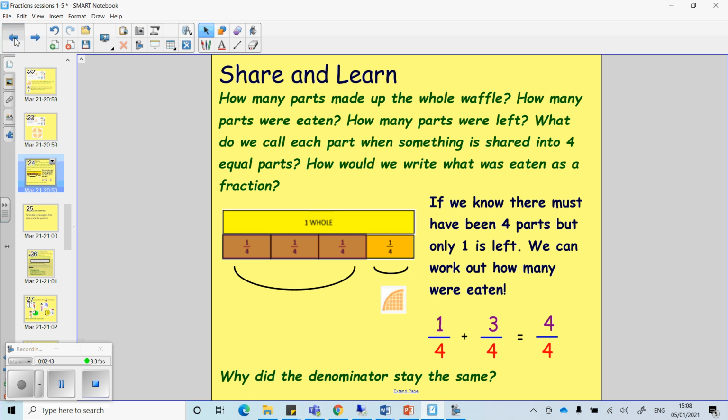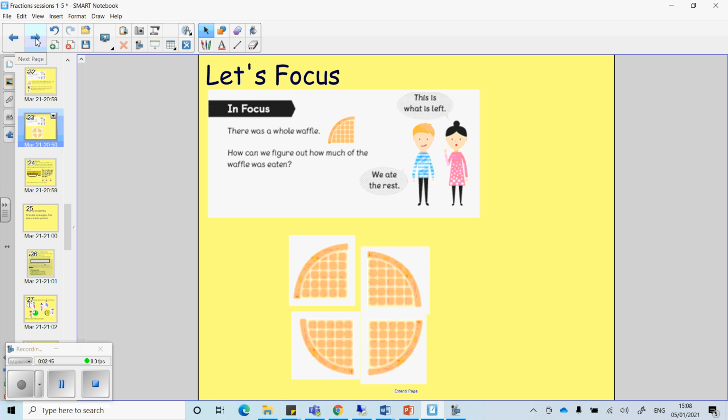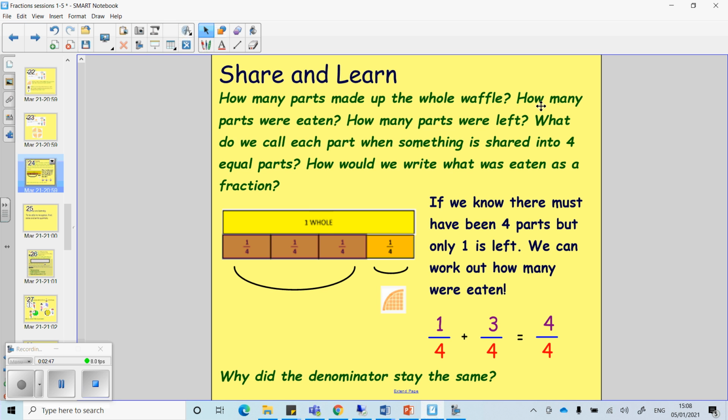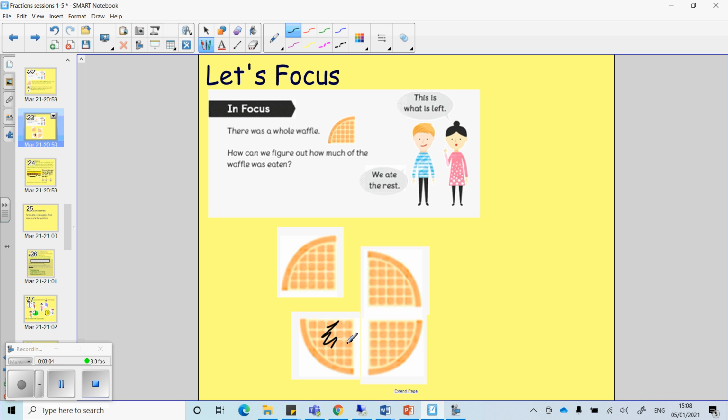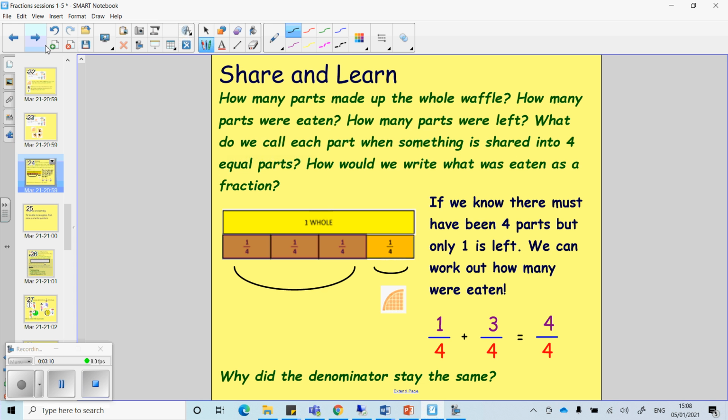Well, we think that was 4. How many parts were eaten? Well, if we had one piece left, then there must have been 1, 2, 3 parts eaten. Okay.